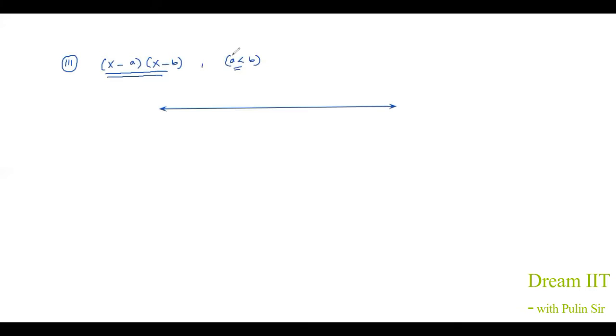So as a and b are real, you just look at these two factors and find their zeros. They are nothing but a and b. So immediately you put the values on the number line.